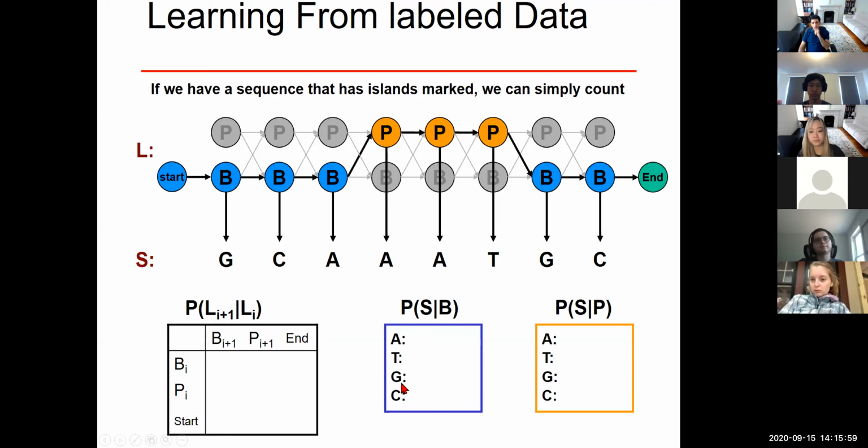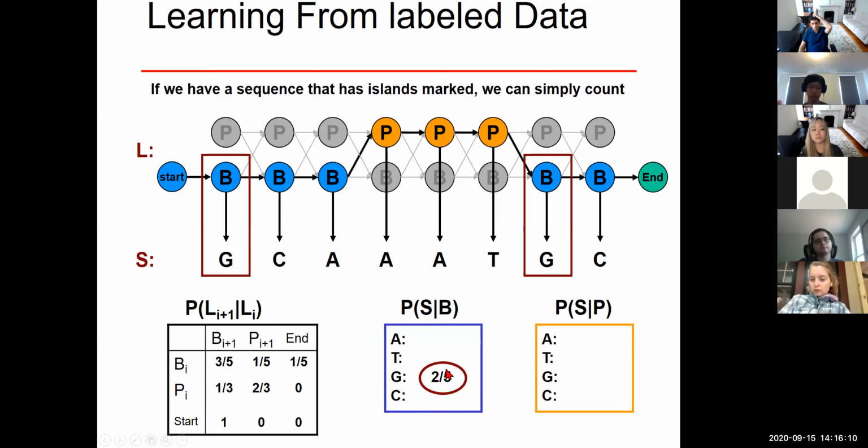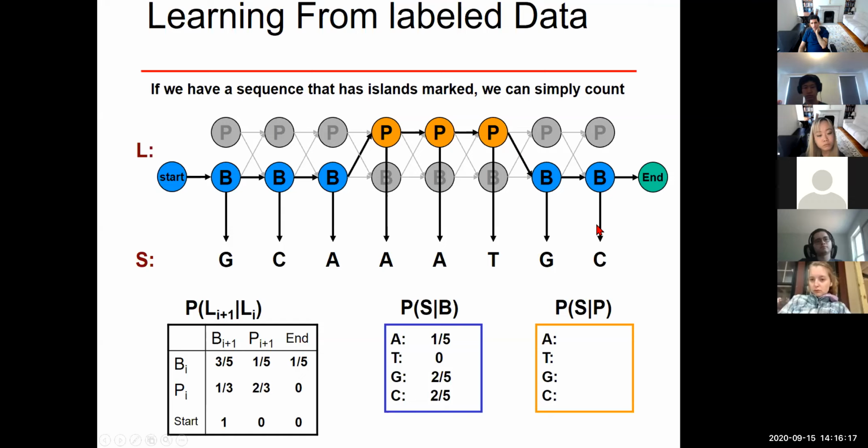That means the probability of emitting a G from the background state is 2 out of 5. And then the probability of emitting a C is also 2 out of 5. Probability of emitting an A is 1 out of 5. Okay? Who's 100% with me on the emission probabilities here? So, oops, sorry, wrong poll.